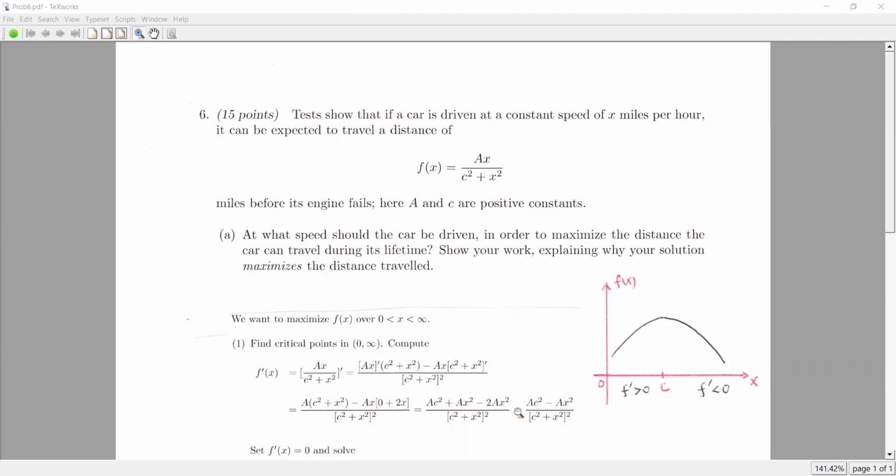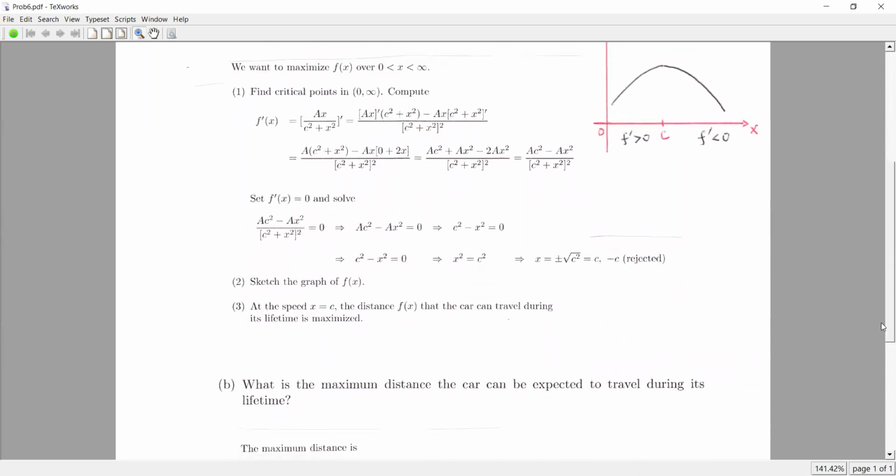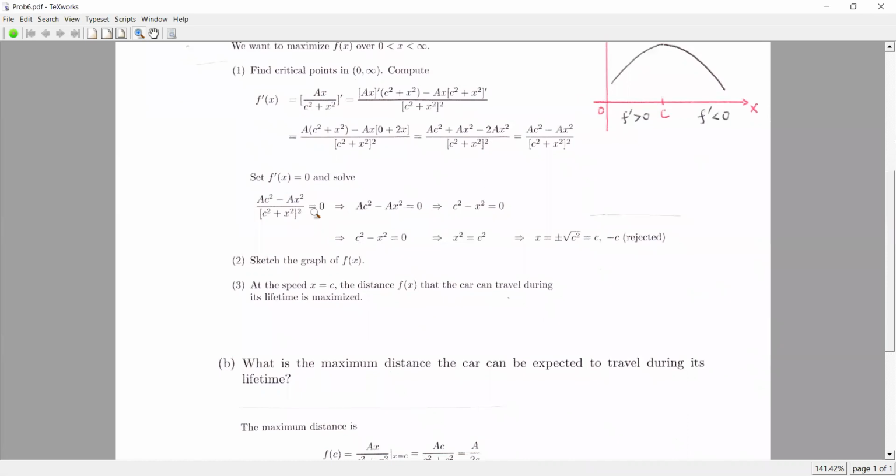Now, to find critical points, set the derivative to 0. Then solve this equation. Move the denominator to the right side, then we have this equation. Divide the equation by the positive constant A, then we have this equation.